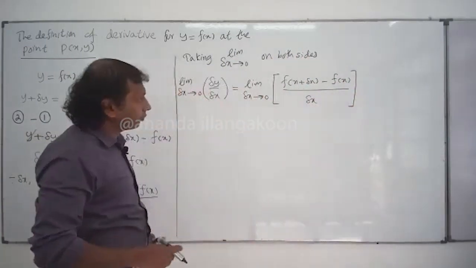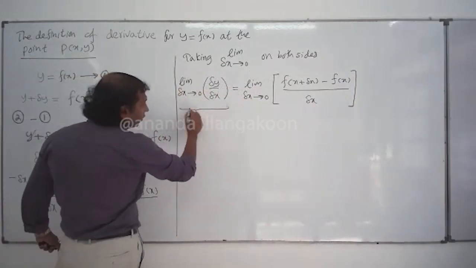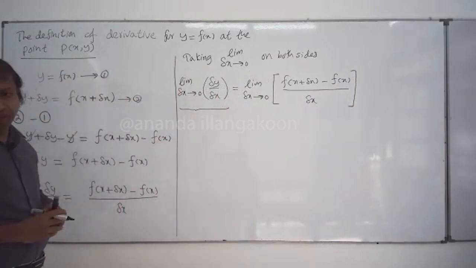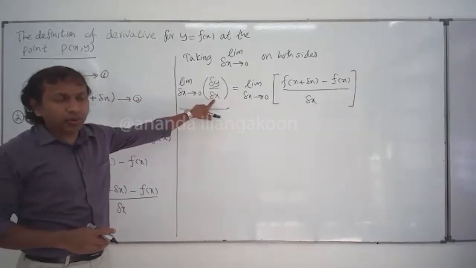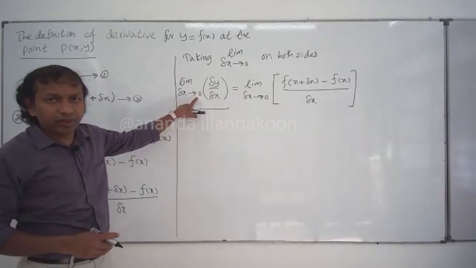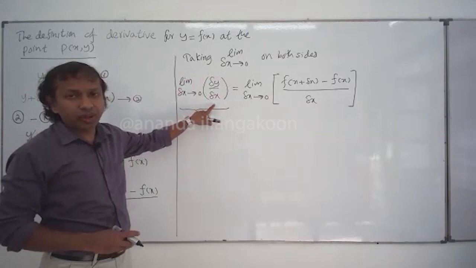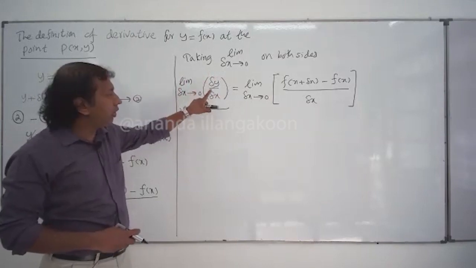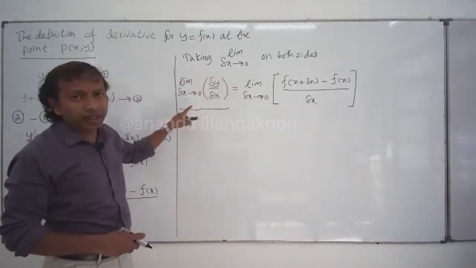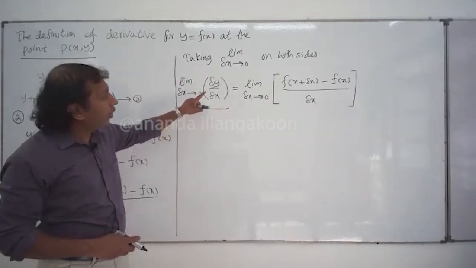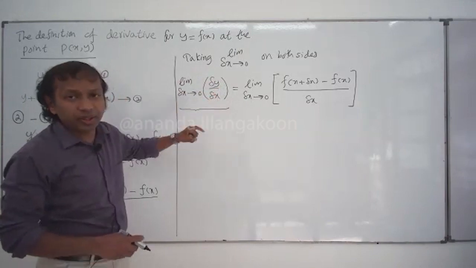People, you know the notation for this: delta y upon delta x as delta x goes to 0, only the denominator going to 0 under the limit. Then this whole thing we write as dy by dx. Very easily you can remember: delta y numerator, delta x denominator, delta x goes to 0. Writing the letter d for delta, dy divided by dx.